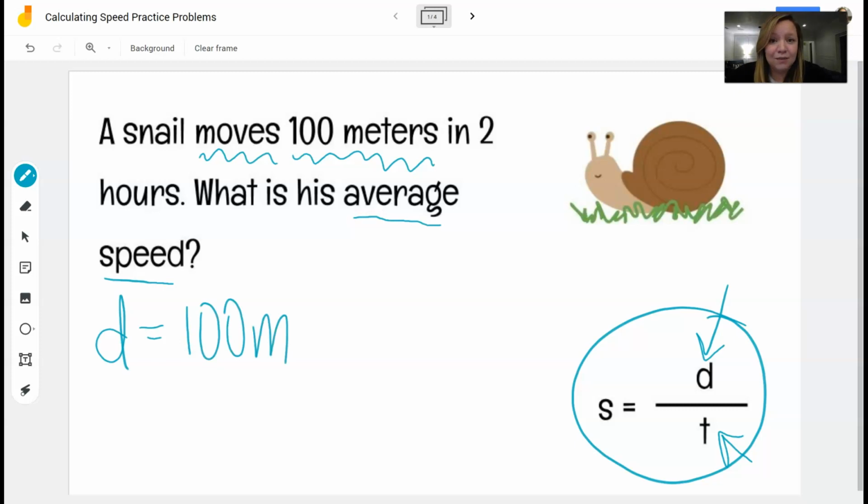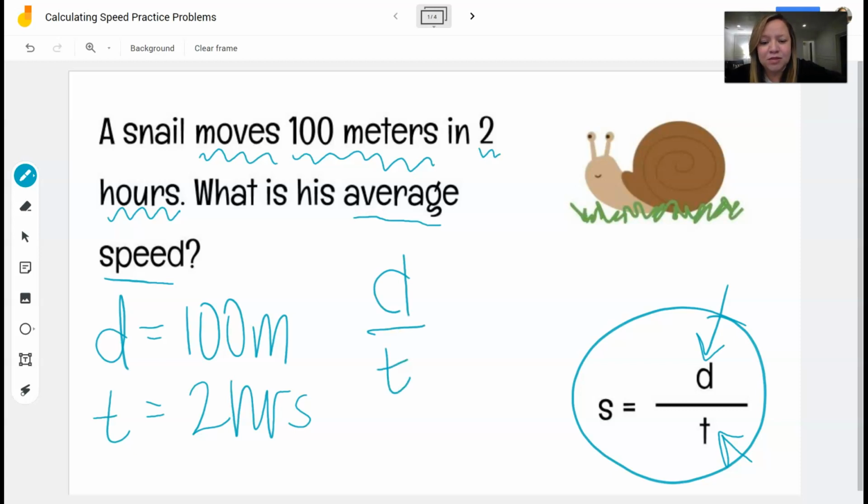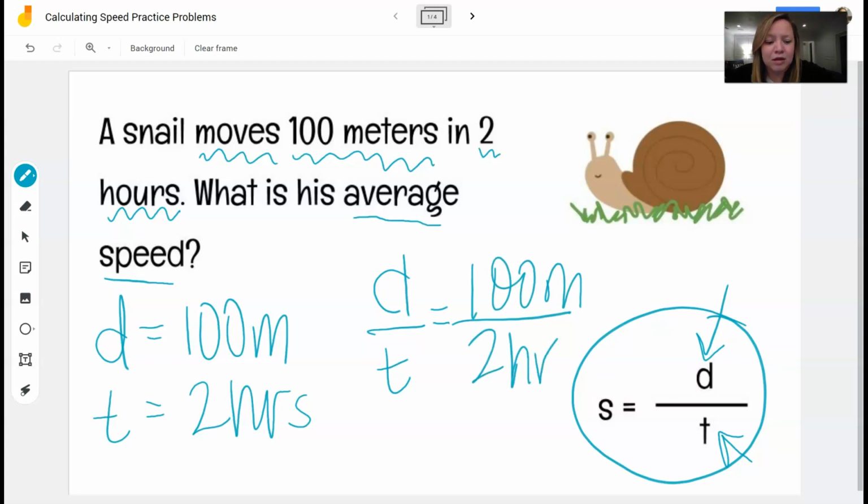and I need to know my time variable, right? So I'm going to look for another clue. Hours I know is a time unit, so I'm going to identify that 2 hours as my time variable. Now all I have to do is plug in numbers to my formula. So distance divided by time, 100 meters divided by 2 hours.